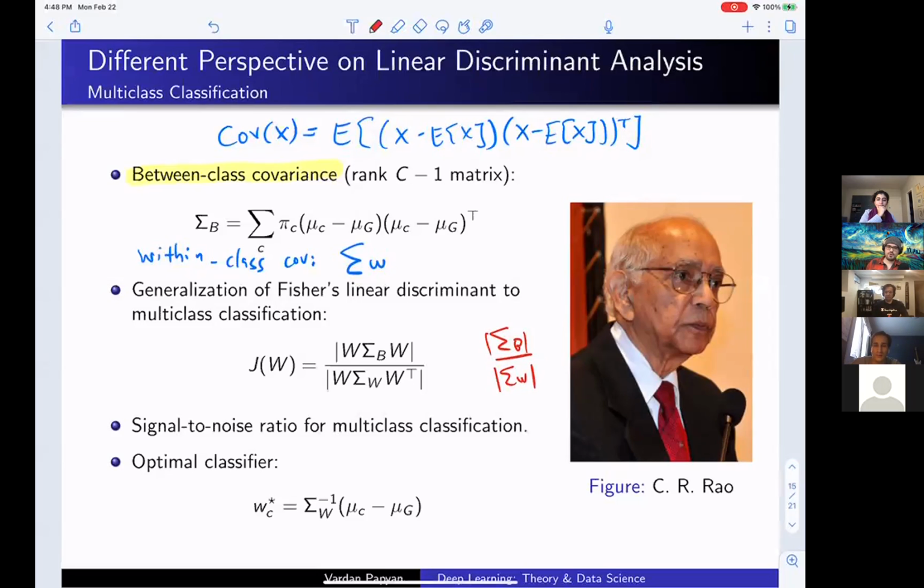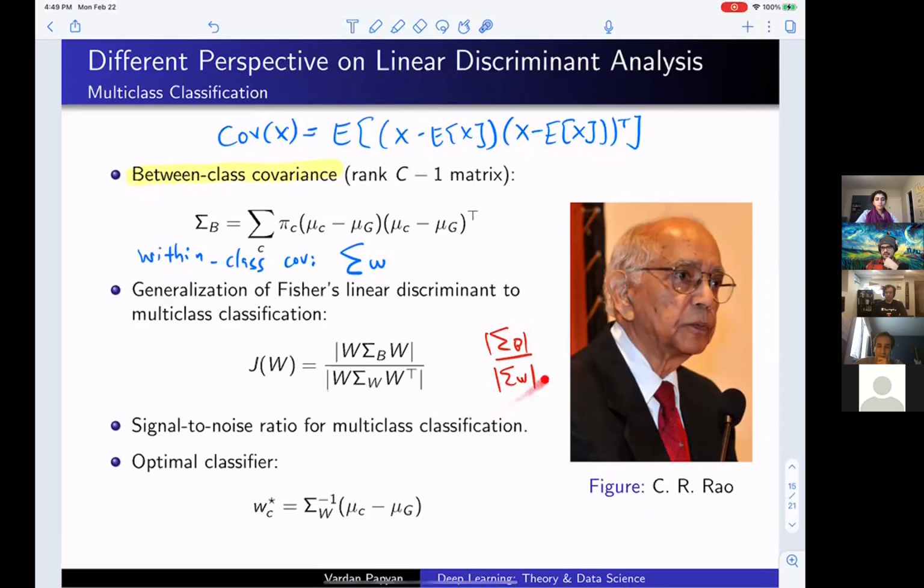A determinant of a covariance is just measuring how large is the volume, right? That's the intuition. If the determinant is large, it means that the volume is large. If the determinant is small, it means the volume is small. You can think of it in different ways, but that's one of the ways to think about it. So essentially, if the determinant of a covariance is large, it means that there is large variance. If the determinant is small, it means that the variance is small.